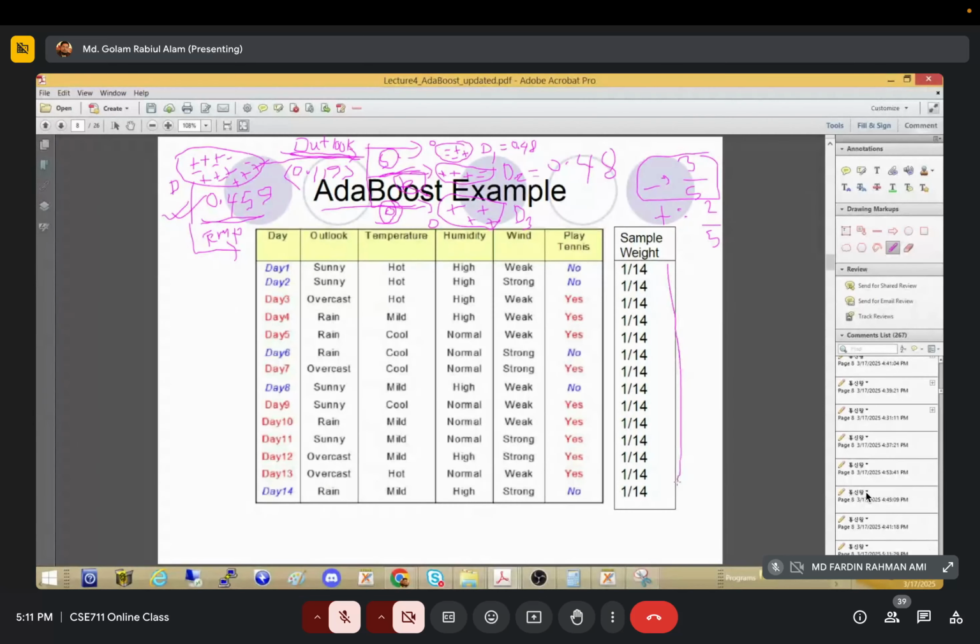How many instances are misclassified? That is 4 instances. The weights of each and every instance are the same. So 4 instances means the error will be 4 times 1 by 14. That will be the error.